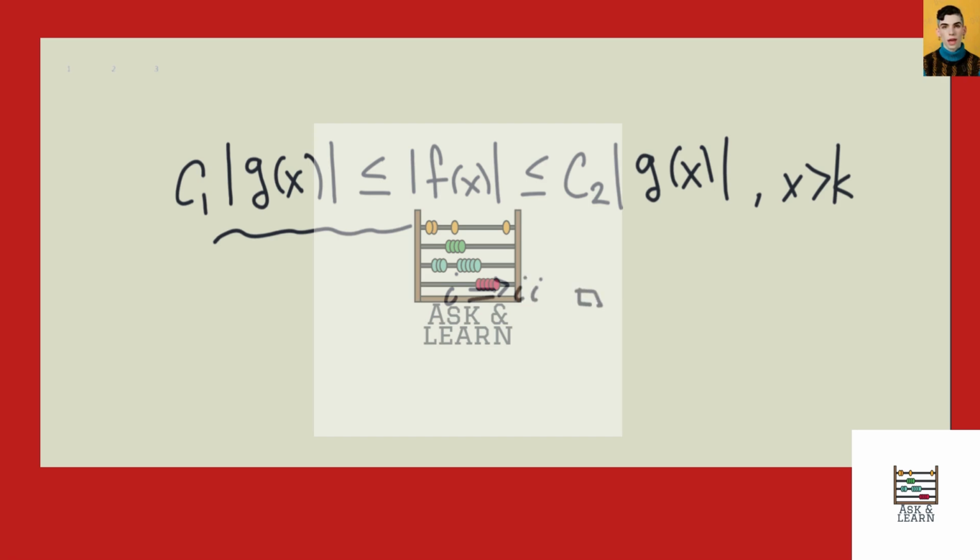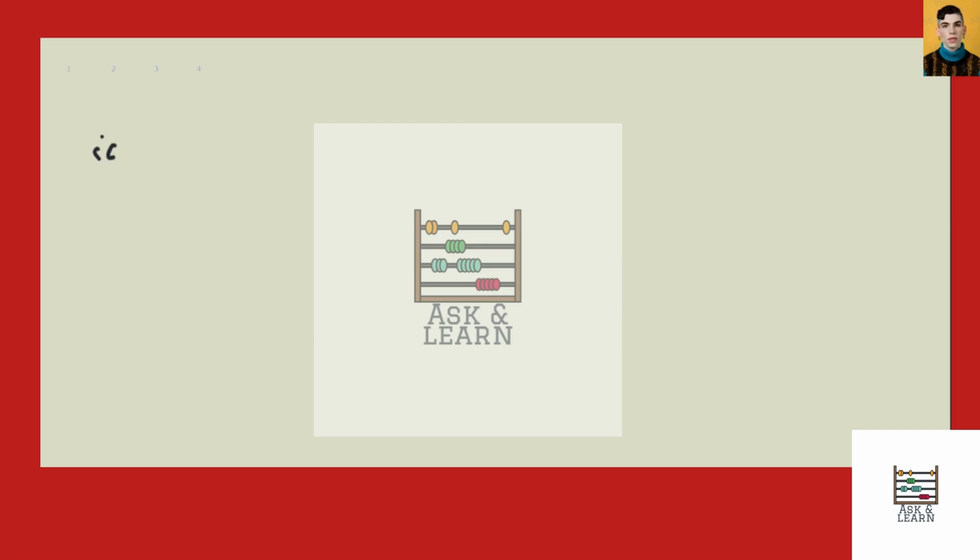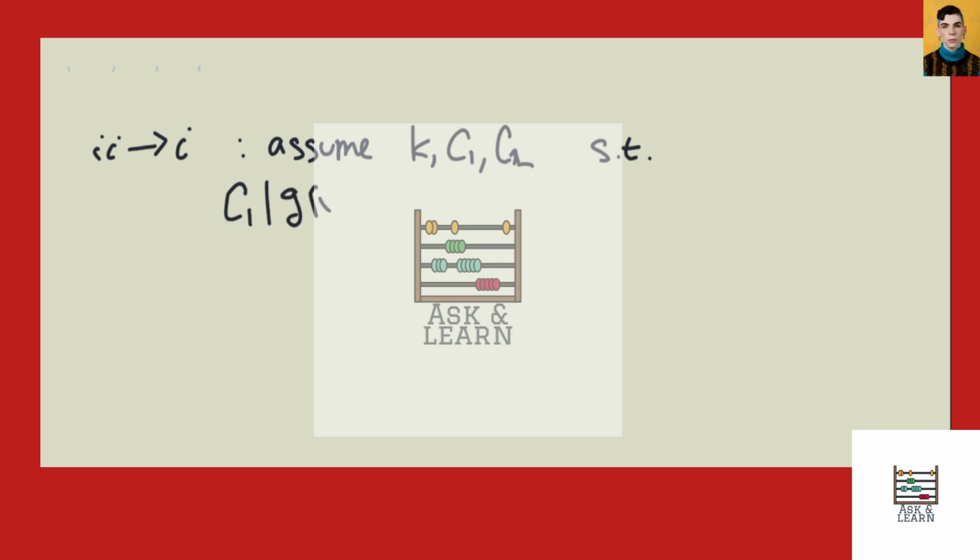And then we want to consider case 2. In this case, we're going to assume that there exist constants k, c1, and c2 such that c1 times the absolute value of g of x is less than or equal to the absolute value of f of x is less than or equal to c2 times the absolute value of g of x.